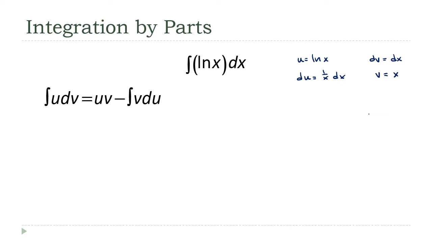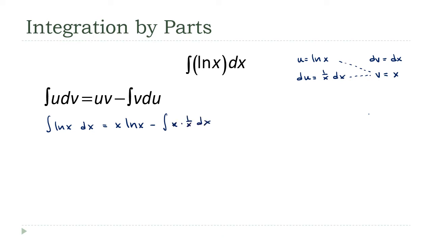Okay, let's put this into our formula. The integral of the log of x dx is equal to, and we do u times v first, that's x times the log of x, minus the integral of v du. Well, that's x times 1 over x dx, and that's going to be nice, right?